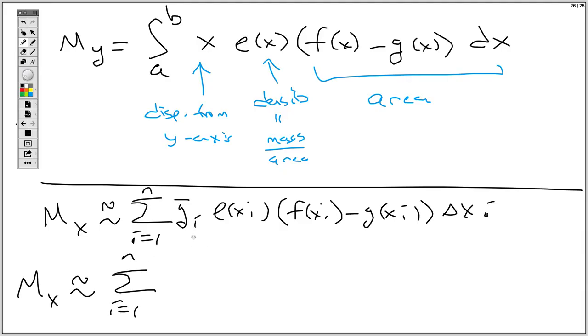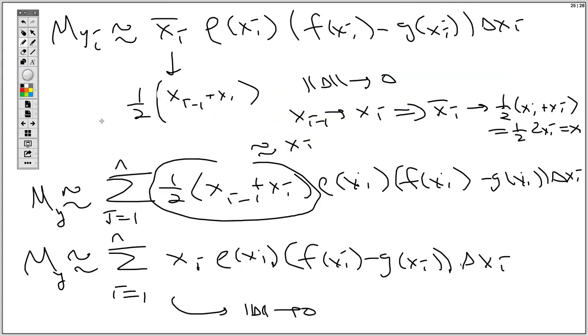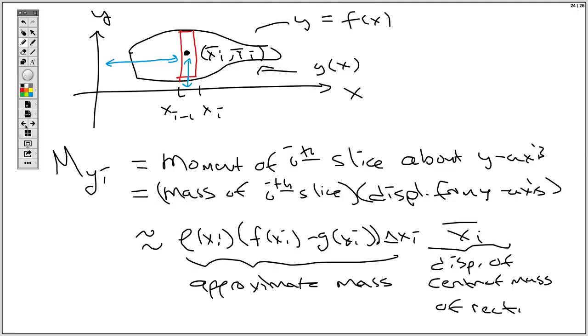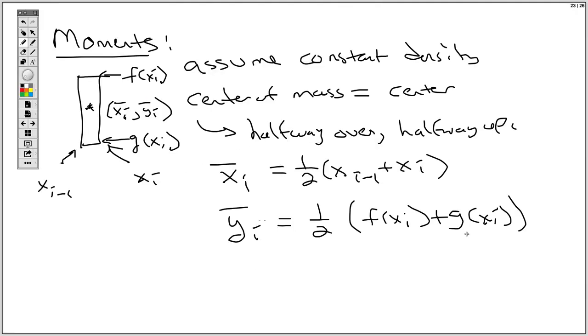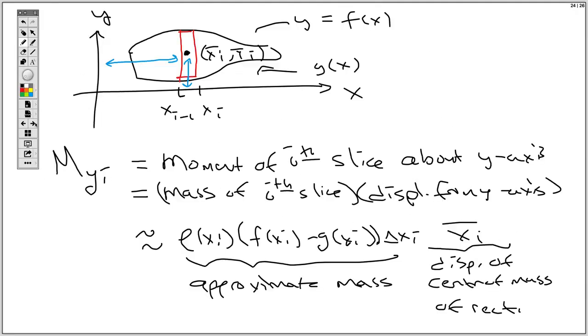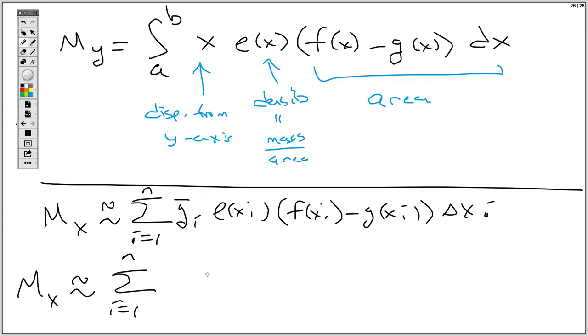Now, what was y bar? Y bar was the average of the f of x plus the g of x. So this was 1/2 f of x sub i plus g of x sub i, and then all this other stuff.